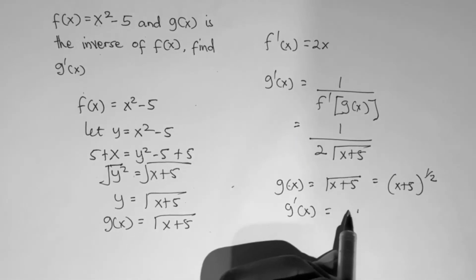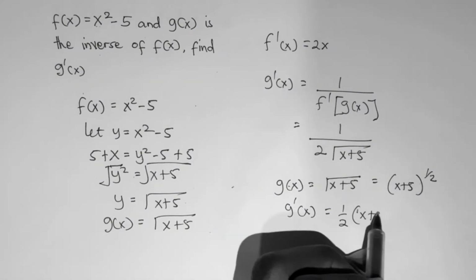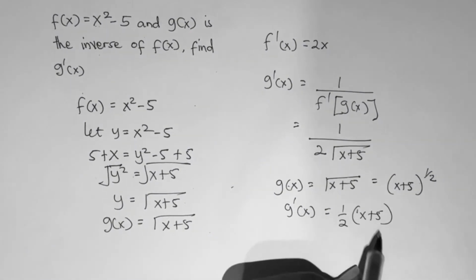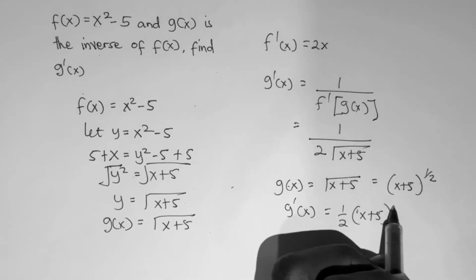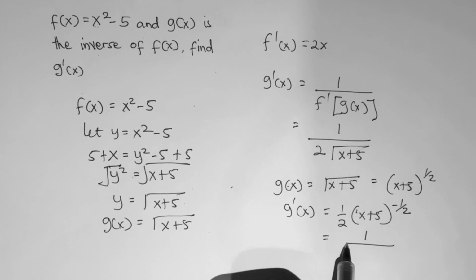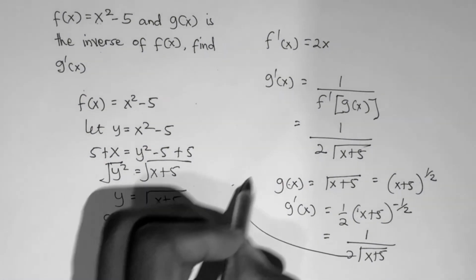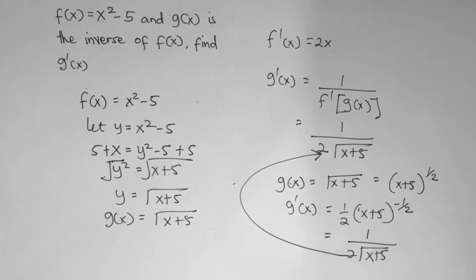So you bring the half down, which is 1 over 2, then times x plus 5. Then you subtract 1 from the half, which becomes minus 1 over 2. So this becomes 1 divided by 2 times root x plus 5. So you see that we get back the same answer that we used the formula to get.